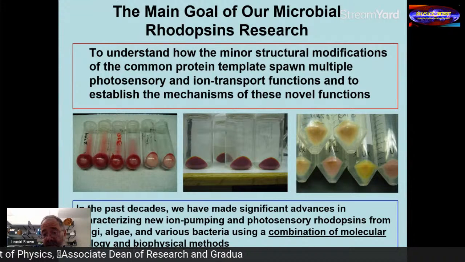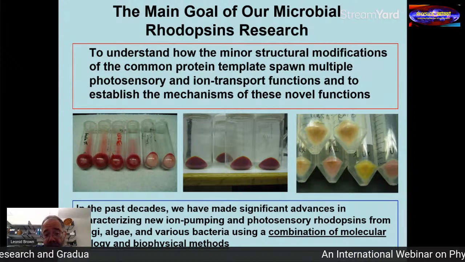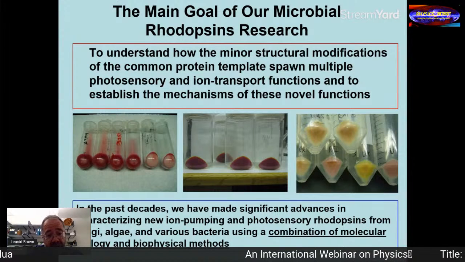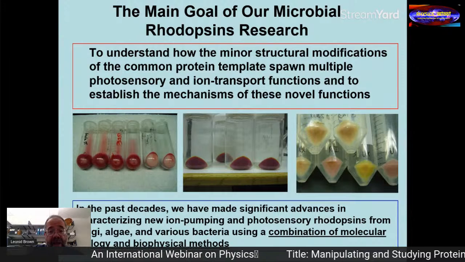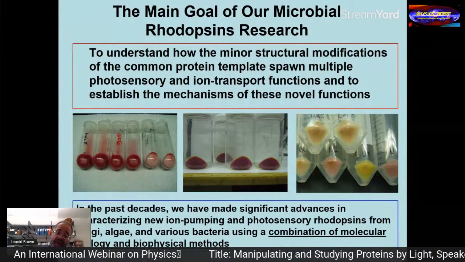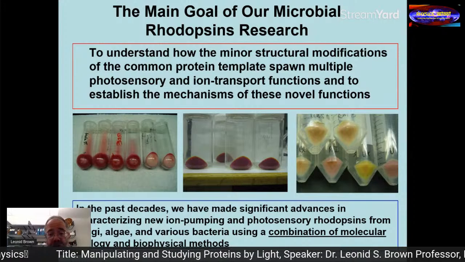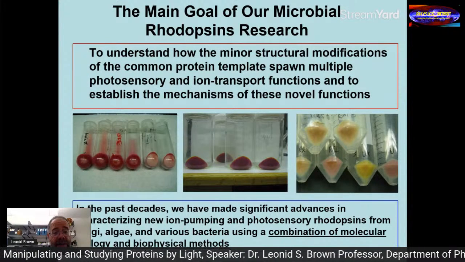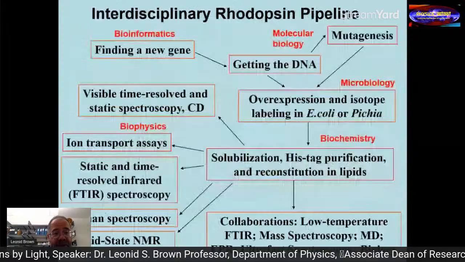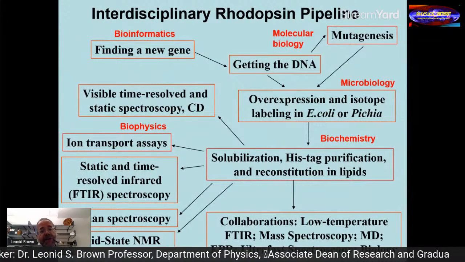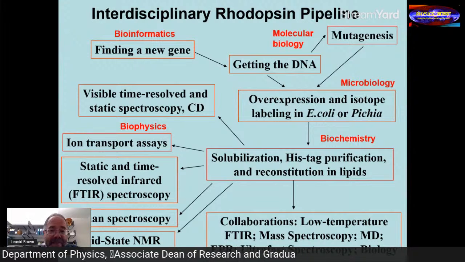And in the past decades, we characterized many new rhodopsins, some ion pumping, some sensory, from various sources, and we combine molecular biology, biochemistry, and physics. So I will show you our interdisciplinary pipeline. Our group is very interdisciplinary. We have biologists, chemists, and physicists, and it is reflected in this pipeline.